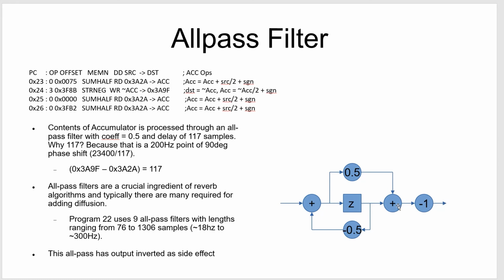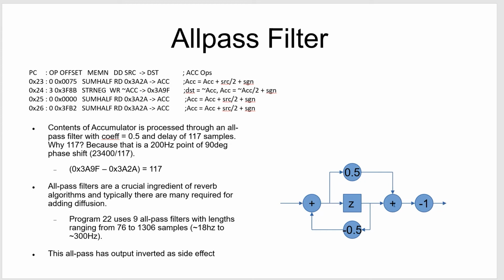Think of it this way: an audio sample comes in at every clock. The audio sample, we'll call it the wet signal, goes through this delay and feeds back, and the dry signal goes straight to the summer output.